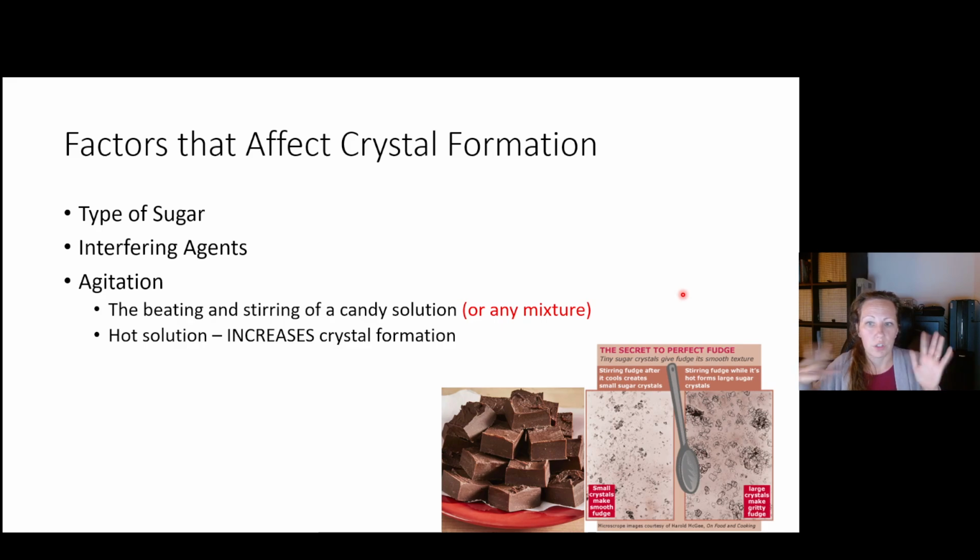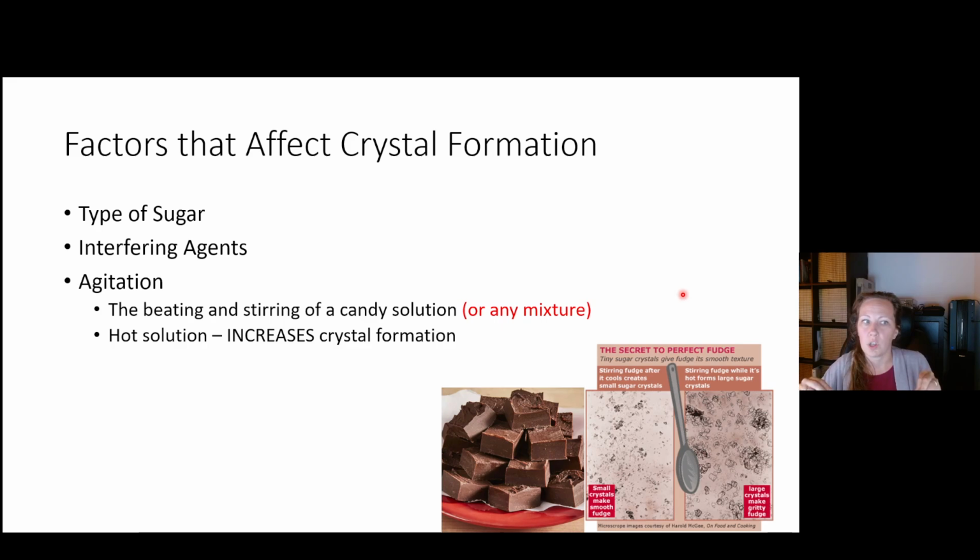And so this crystal formation is going to occur faster at warmer temperatures, just like any chemical reaction occurs faster at warmer temperatures. It also will occur faster if the viscosity of the solution, how thick it is, is low.